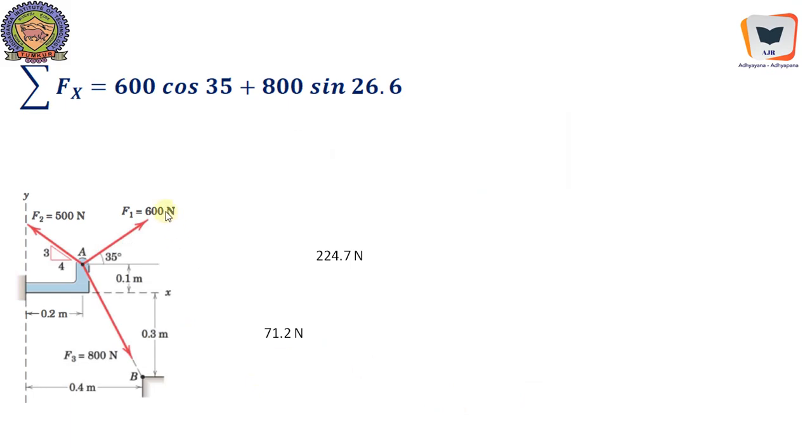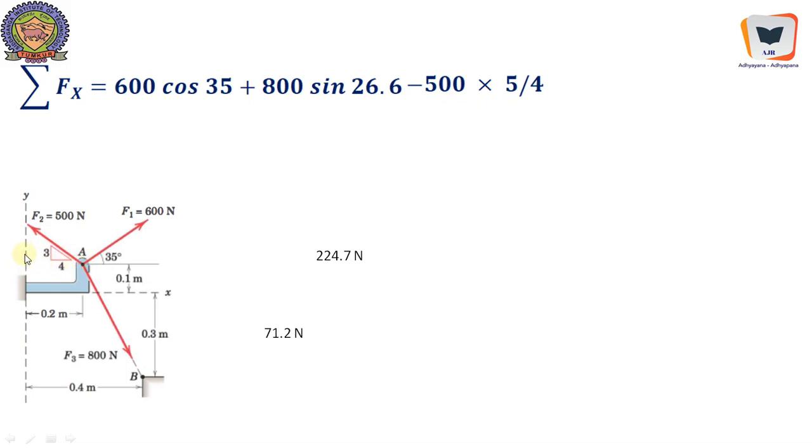So sigma Fx is 600 cos 35 plus 800 sin 26.6, because the angle is referred with respect to vertical and the horizontal component goes this way, minus 500 into 4 by 5, because the horizontal component is going like this.